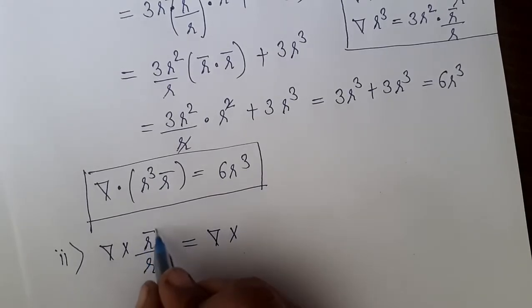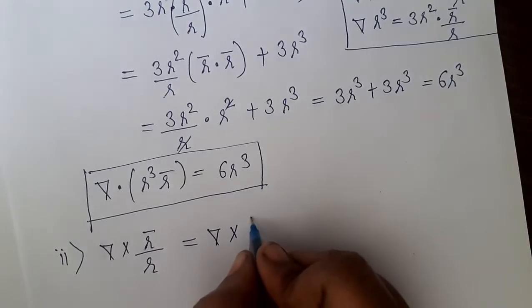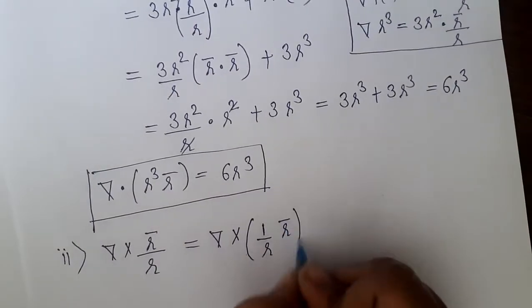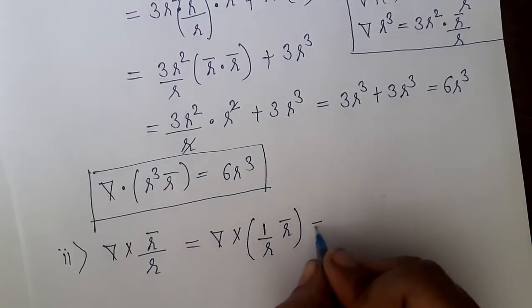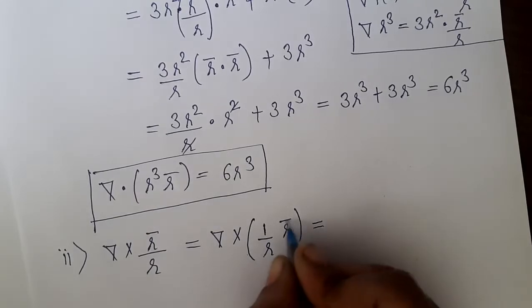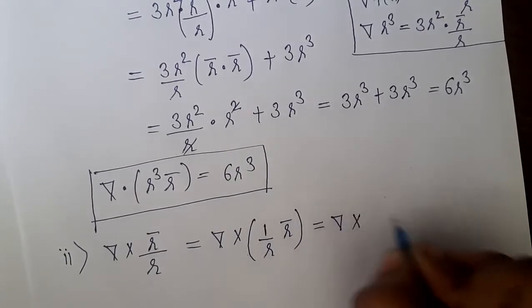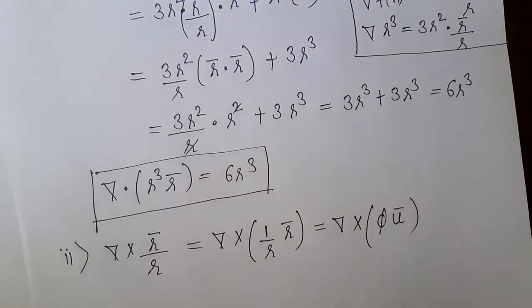In the numerator we have a vector quantity and in the denominator a scalar quantity. So can we write this as 1 by r multiplied by r? 1 by r is a scalar quantity and r is a vector quantity. So we can write it as del cross phi multiplied by u.